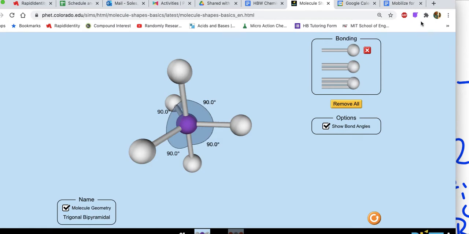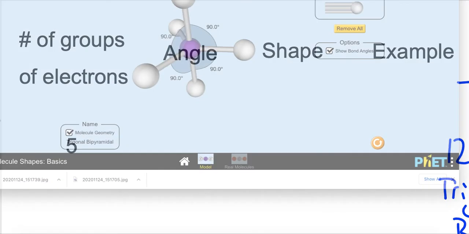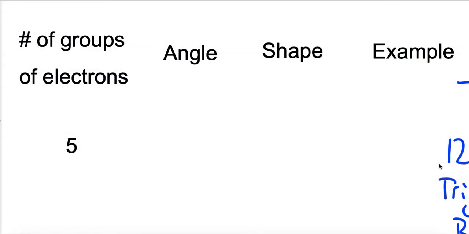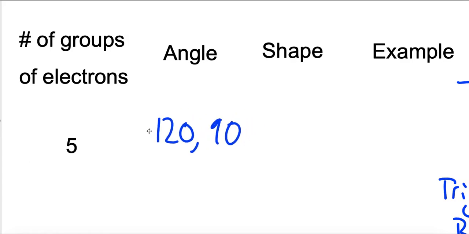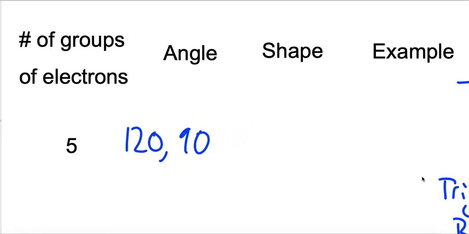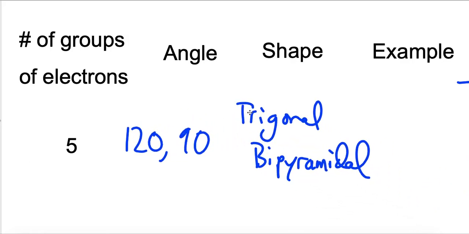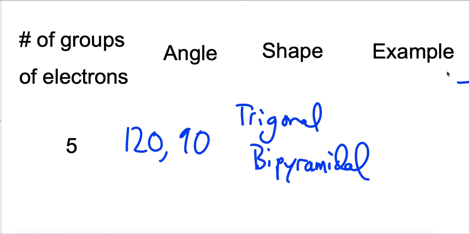Let's go ahead and do that nice and large in our notes. Okay, so the angles, there are 2 angles, 120 and 90. The shape has the name trigonal bipyramidal, and if we're going to try and draw it ourselves, we're going to get a picture that looks something like this. 3 of them flat in a plane at 120, 120, 120.